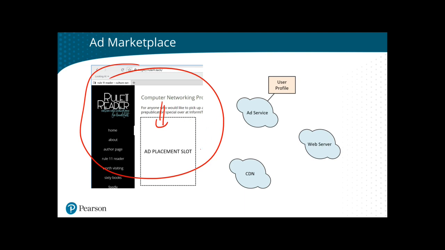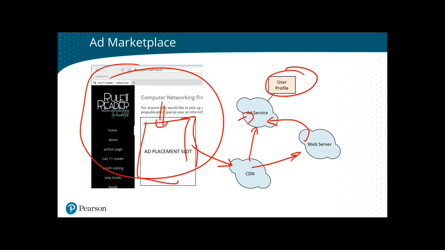When that page is loaded via the CDN or via the web server, depending on the ad placement network, the web server or the CDN is directed to contact an ad service. The size of this slot and the stats of this website are loaded to the ad service.